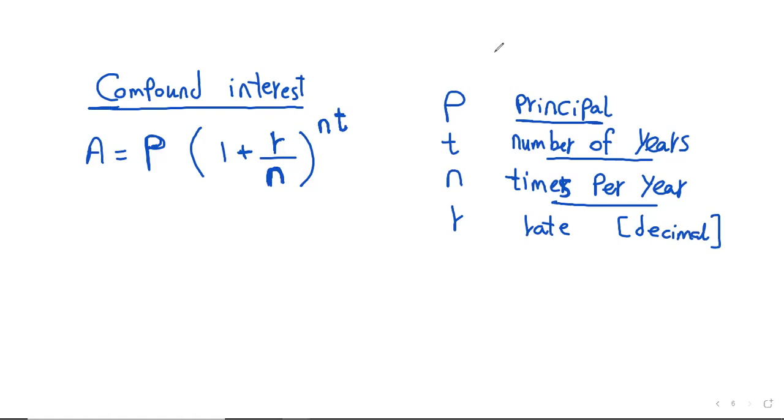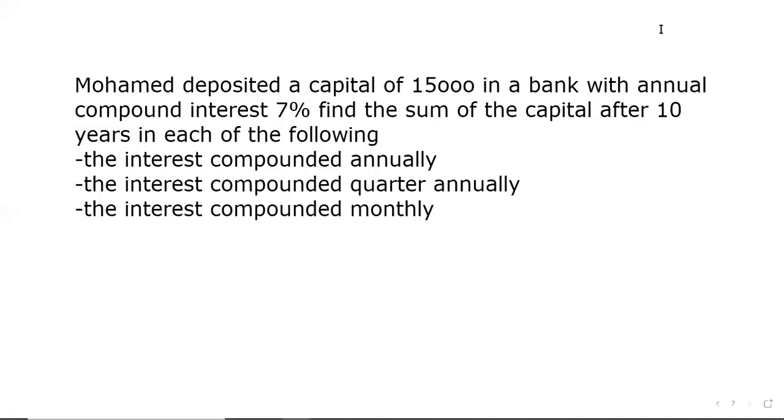Let's take an example. Muhammad deposited a capital of 15,000 in a bank. So the principal P is 15,000, with annual compound interest 7%. 7% is the rate. Here r is 7 over 100, which is 0.07.